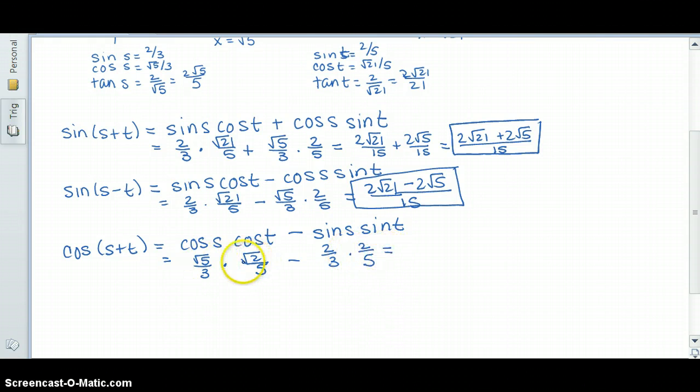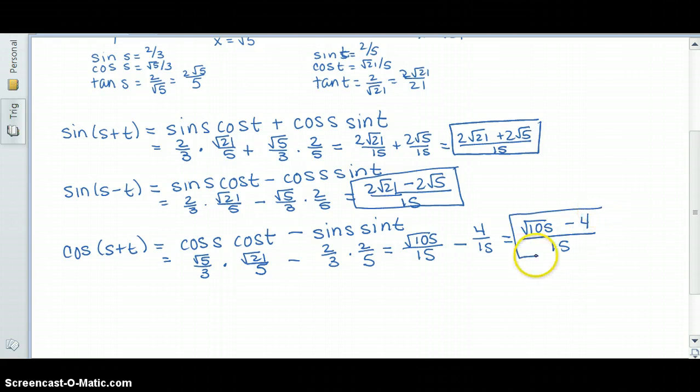So when it comes to radicals, you can multiply them even if they're not like radicals. That's going to be the square root of 105 over 15 minus 2 times 2 is 4 over 15. So our final answer here is root 105 minus 4 all over 15.